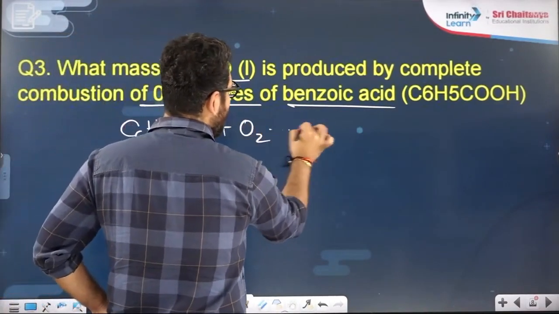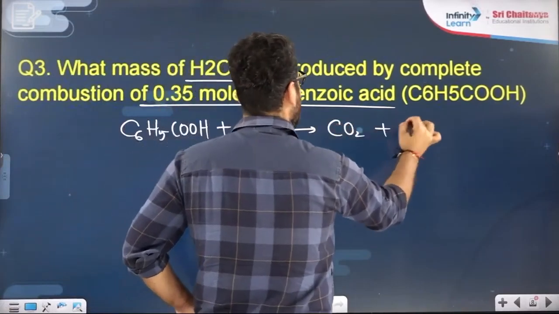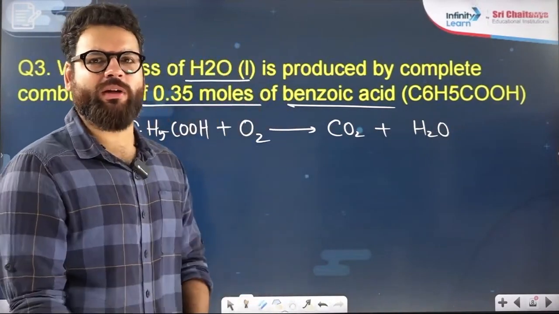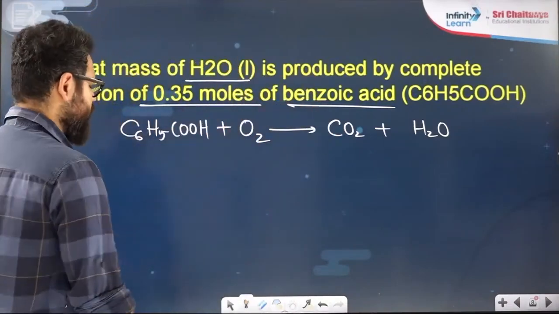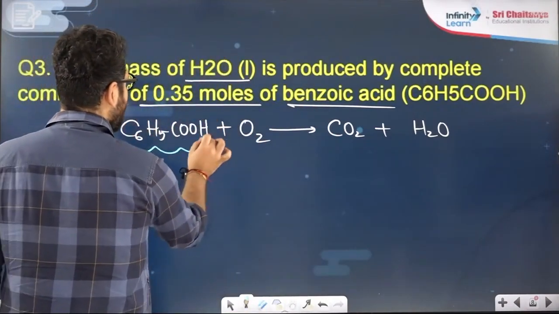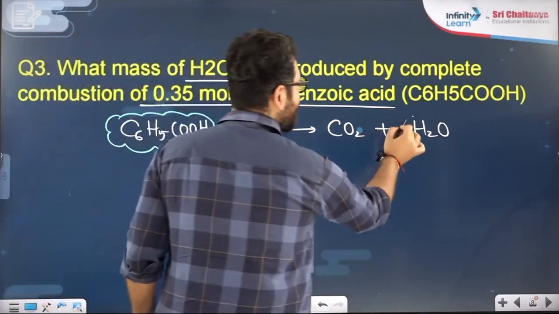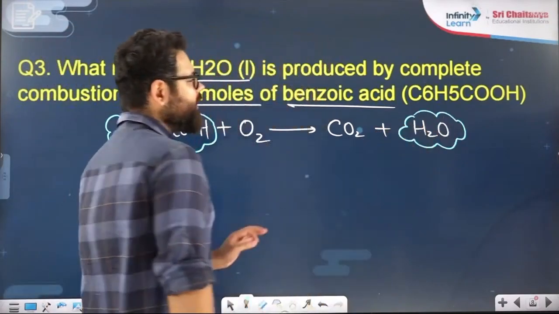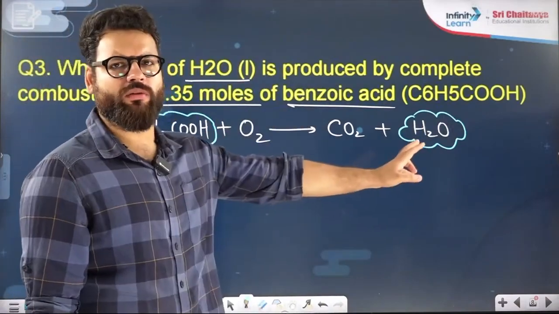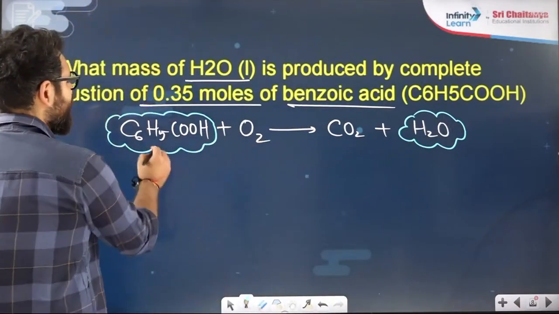this is the reaction if anybody wants to write. Obviously, balancing will take at least half a minute or 1 minute. So without balancing, I will do. They are talking about benzoic acid and water. What is getting conserved? Oxygen is not getting conserved between these two molecules, but hydrogen is getting conserved.